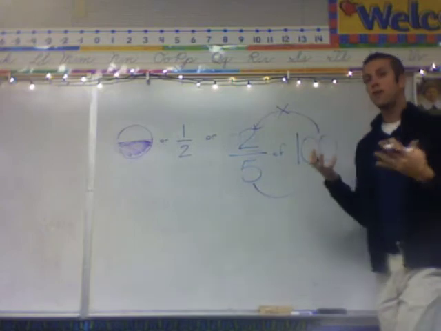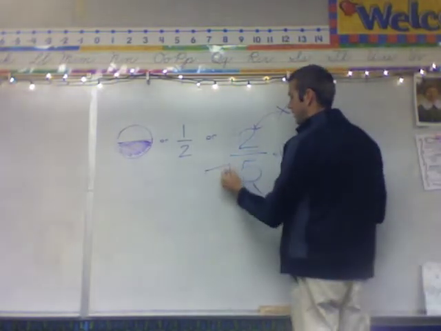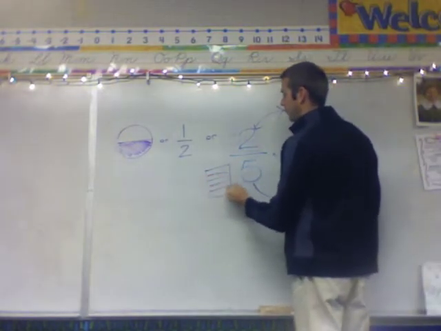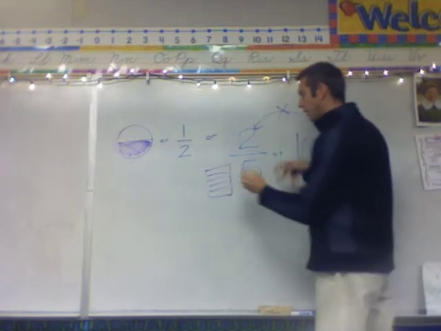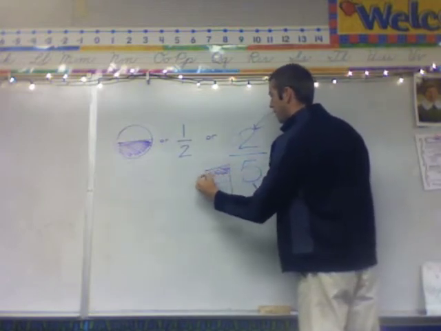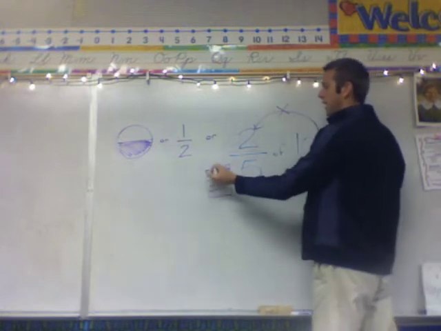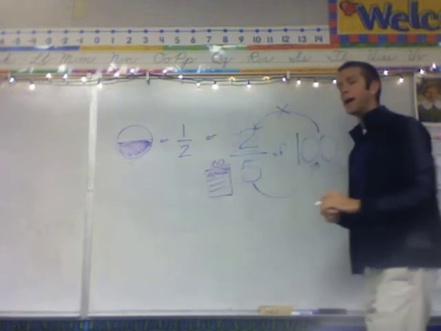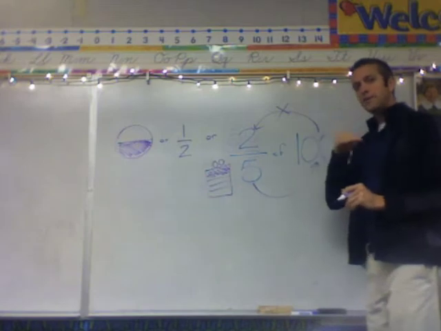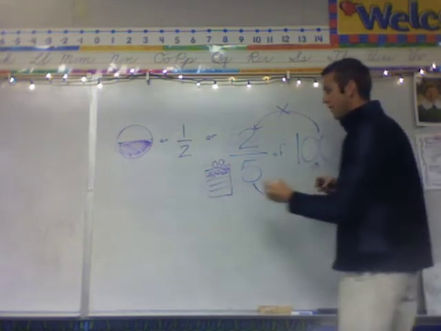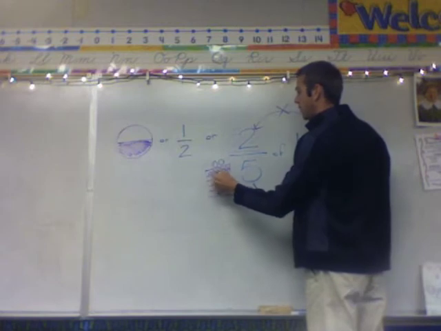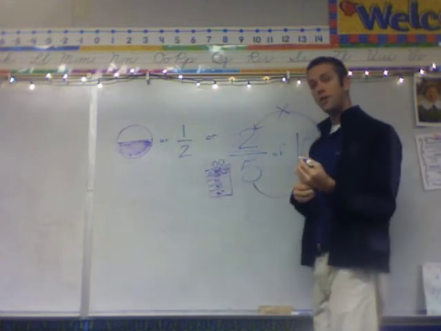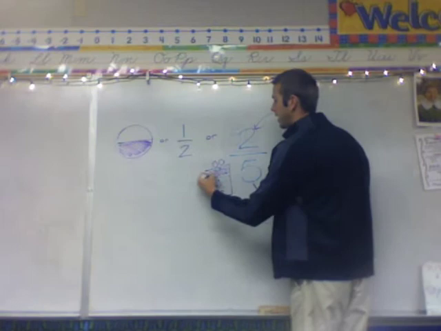Or you could do the drawing version, right? I have a shape. I cut it into fifths, because this is 2/5. I want to shade 2 of them. All of these should add up to 100, the whole thing. And each box needs to be what to make 100? Well, 20 plus 20 plus 20 plus 20 plus 20 makes 100. 2 of them are shaded.